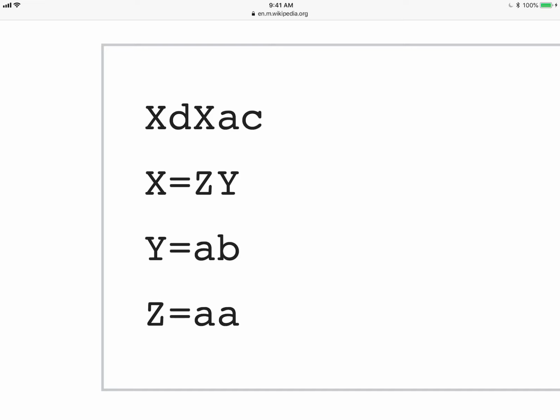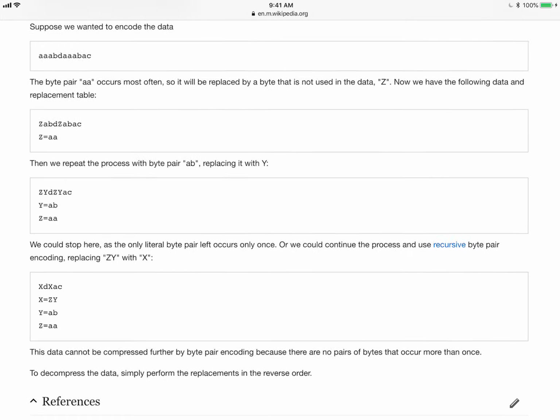So in that case, we start with a predefined maximum size of our vocabulary, and we expand our dictionary until that maximum number of entries is registered.